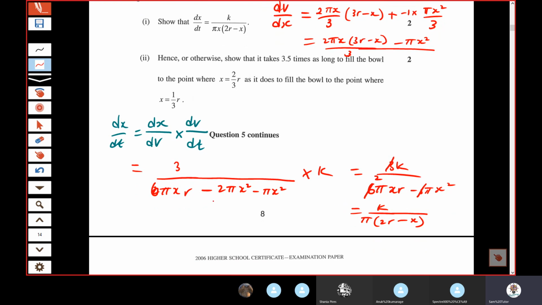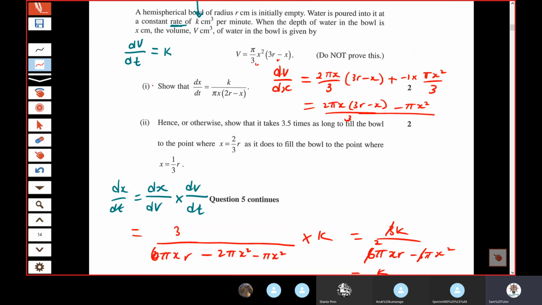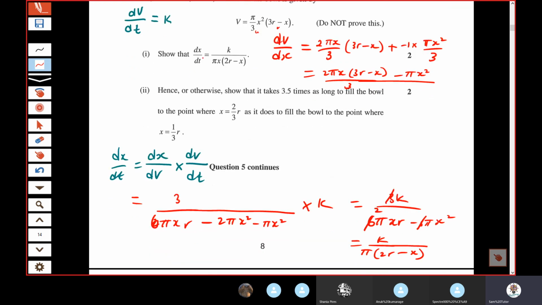It wasn't hard. But you guys, again, you don't know where to start from. I'm trying to tell you, everything's there. I started from that said k. K is dv on dt. From there, I write my dx on dt. I write my expansion out. That tells me what I'm looking for. It said I was looking for dx on dv.